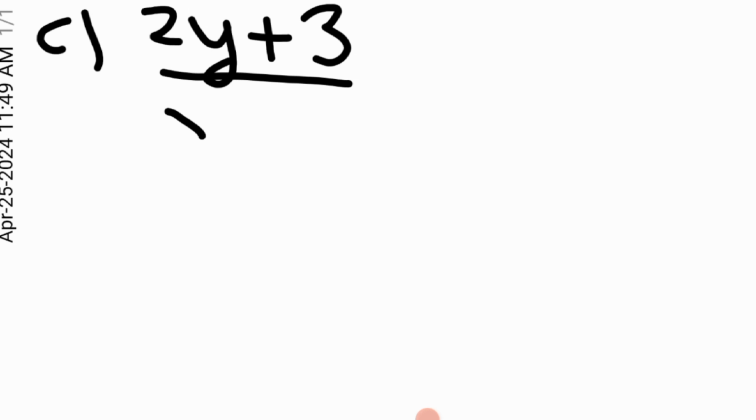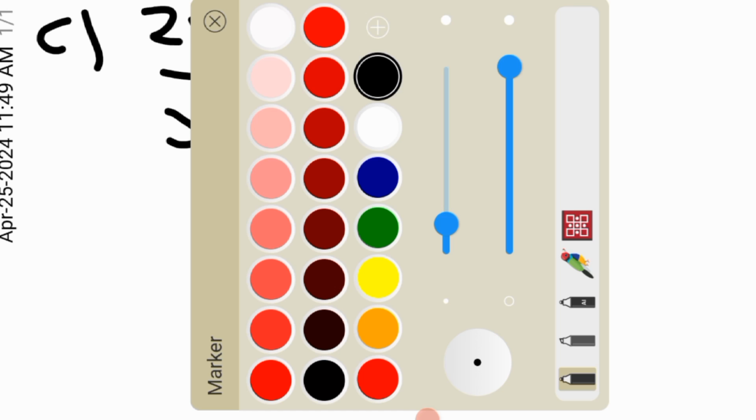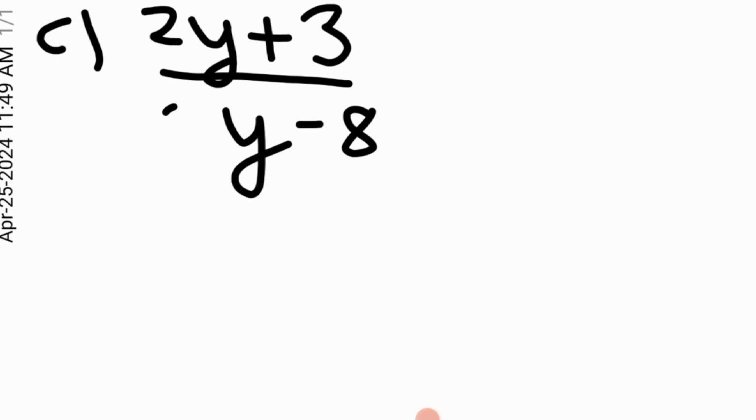Now come to the C part, and our C part is: if (2y plus 3) upon (3y minus 8) is equal to 3 upon 2.